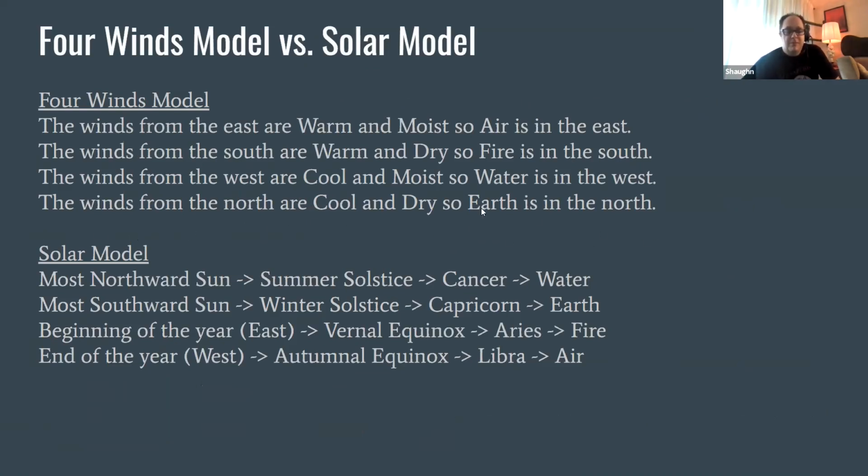Versus the solar model, which is based more on the zodiacal attributions. The most northward sun is at the summer solstice, Cancer, therefore water is in the north. The most southward sun, winter solstice, Capricorn, therefore earth is in the south.